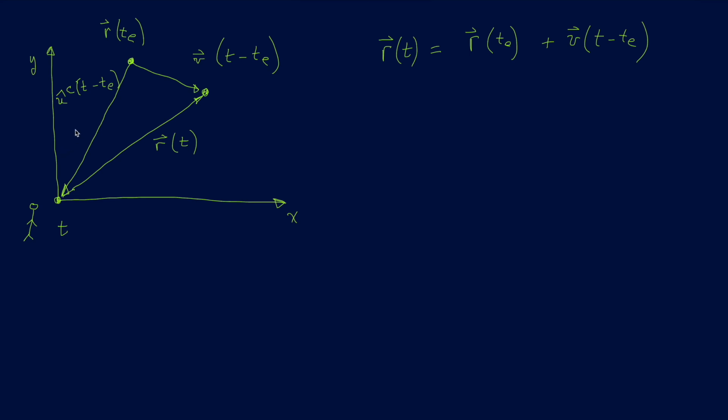But r of te, we know what that is, so let's plug that in. So we have r of t, again, we just take that over, equal sign. But now what is r of te? It's this thing over here. It's u hat, our unknown unit vector, times the speed of light, times the propagation time, t minus te.